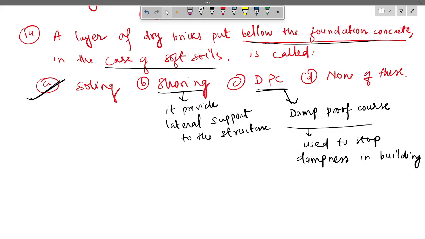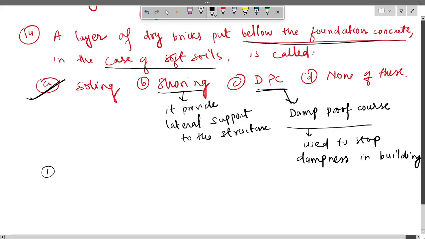We will solve 10, 15 or 20 questions daily. We will go through two subjects: BMCP, building material and construction practice, or concrete technology, whatever you call it, and the second one is mechanics of material.